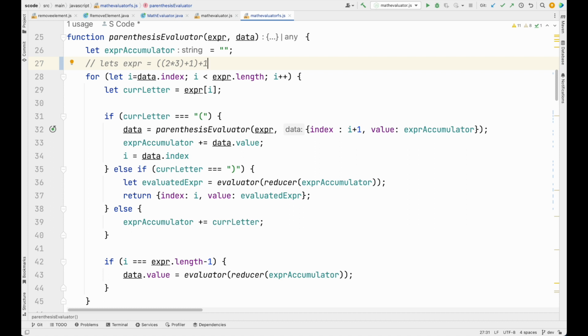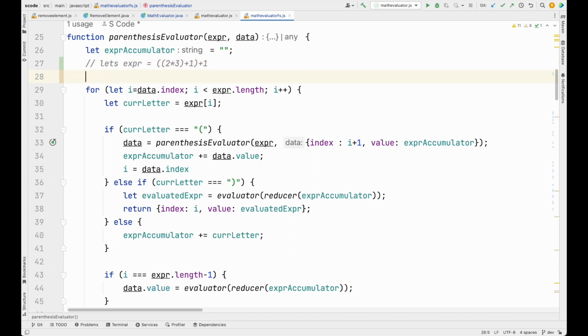So we see we have an expression that contains a nested parenthesis expression and an outer parentheses-based expression. So the very first thing that this code is going to do is find 2 times 3 in parentheses. And then it's going to evaluate this 2 times 3 in parentheses expression as 2 times 3. And of course, it receives help from the evaluator function that we covered earlier.